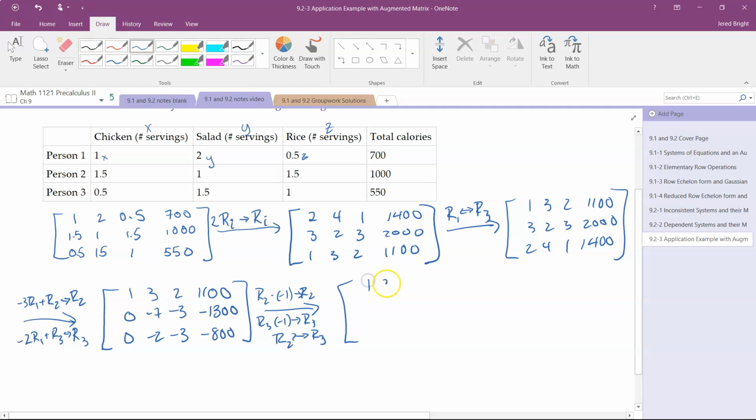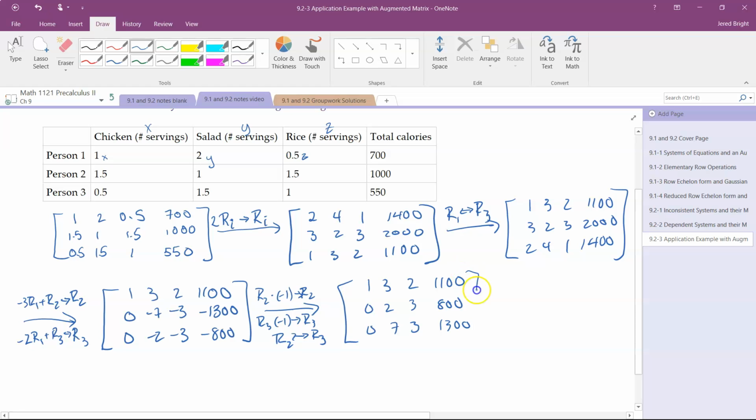Alright, so row 1 stays the same. Then I'm going to have 0, 2, 3, 800, and 0, 7, 3, 1,300.